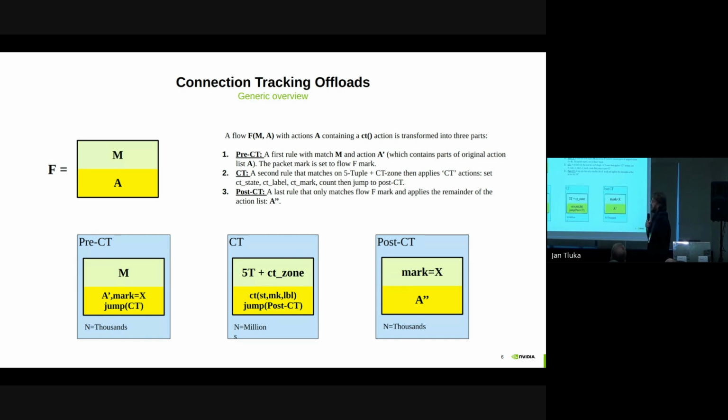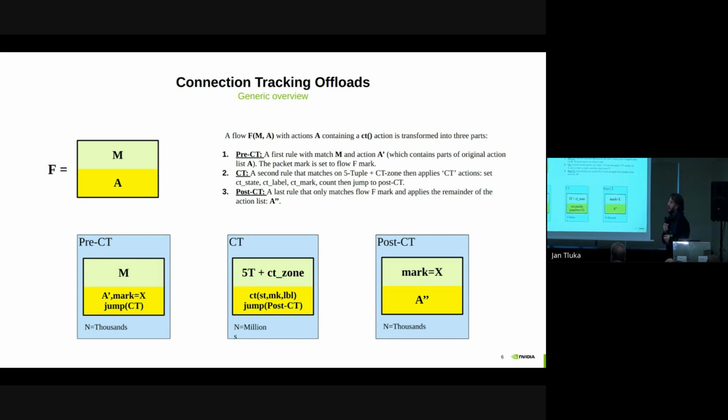So in the pre-CT part, we keep all the complexity of the match for that megaflow. There are no modifications to it. Then we take only the actions that precede the CT action to build up the pre-CT offload rule, onto which we add two actions: marking the packet with an ID.